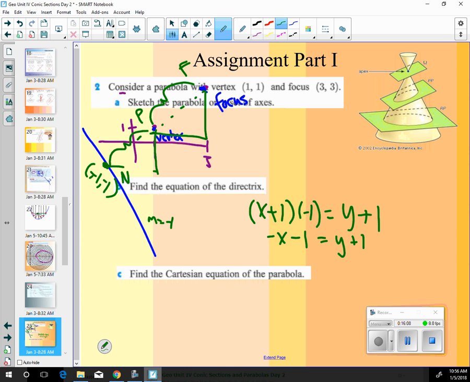So you're going to get negative x minus 2 is equal to y. All right, now it says find, so we've got this sketched. Now we need to find the equation of the parabola.